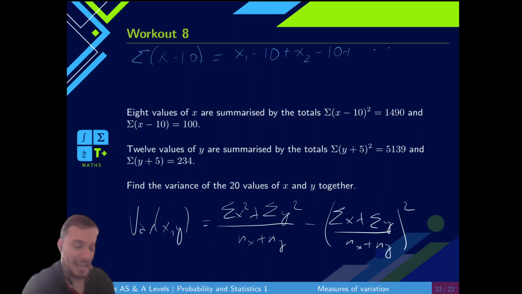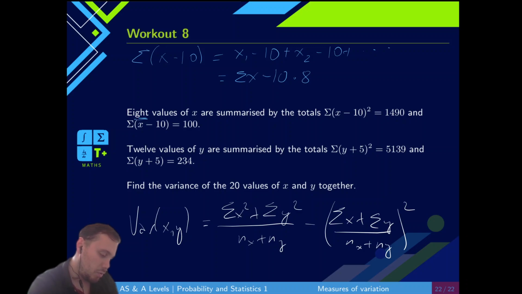So this is every value of x, the sum of x, and then we are subtracting 10 8 times. Why is it 8 times? Because we have 8 values, so this is going to happen 8 times. So from here we can solve, because the sum of x minus 10 is 100. So from here we can find the sum of x.